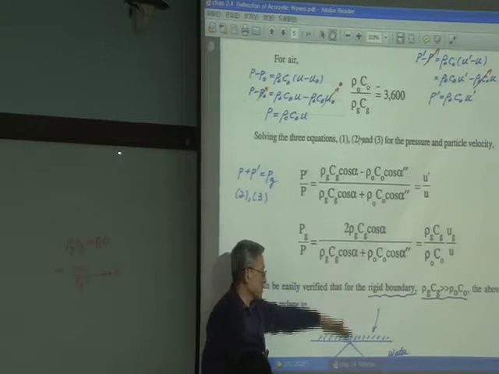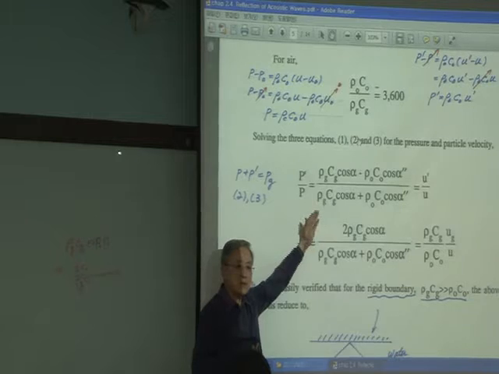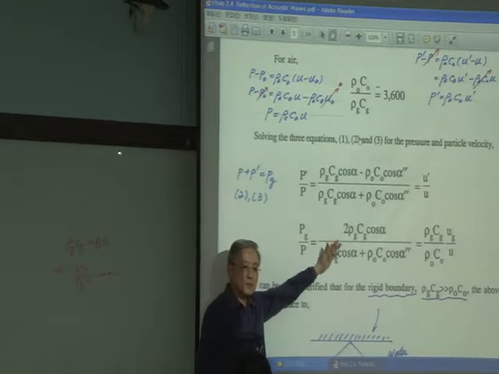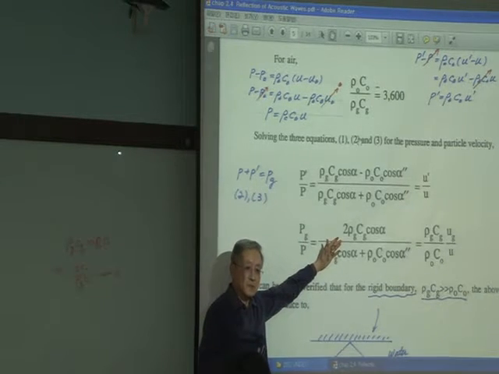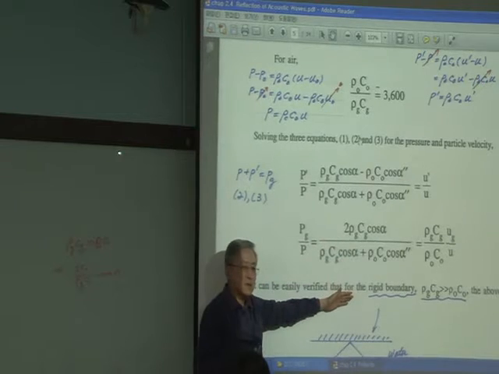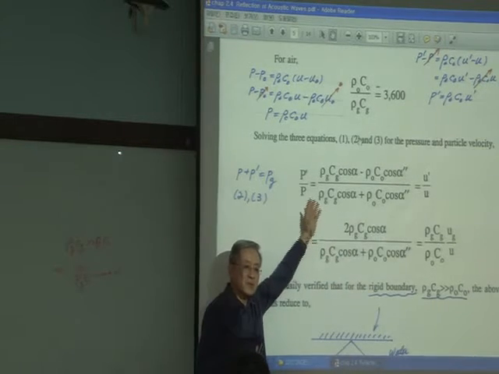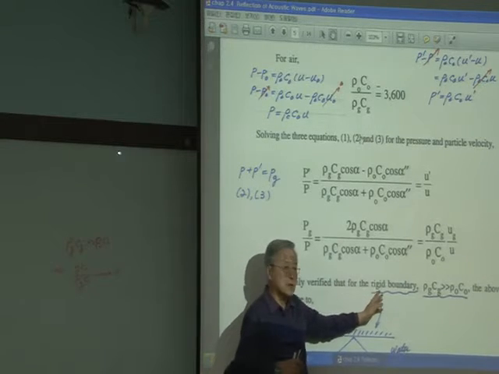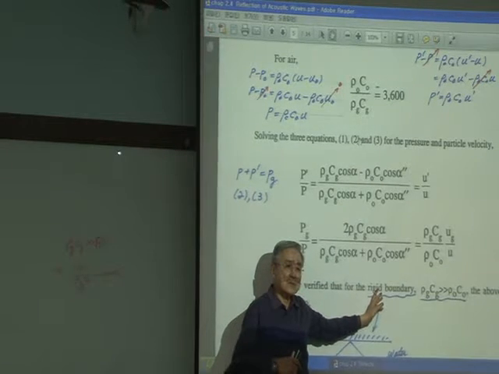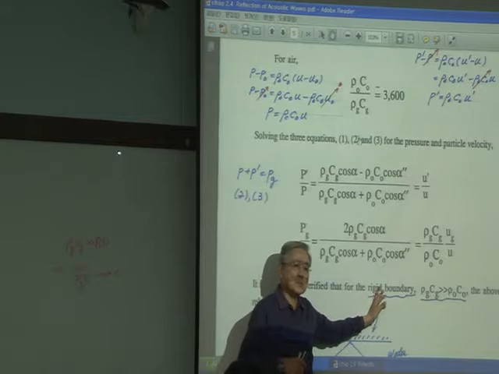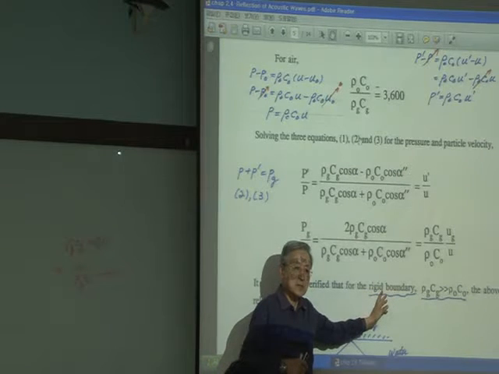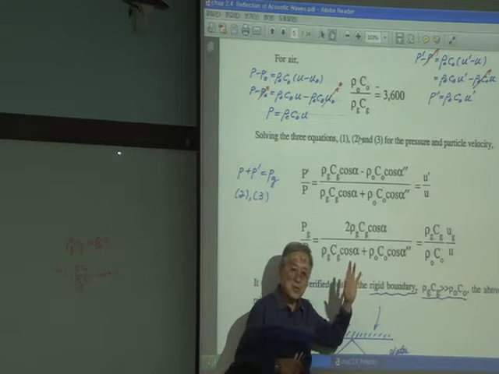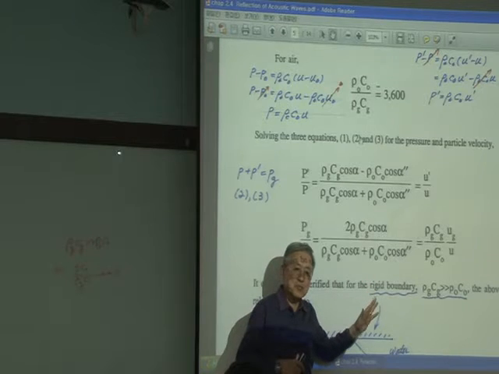Now from here, we get the solution, you will derive the solution. Then using this equation set, can we get the solution for the rigid boundary case, which means replacing air by rigid?